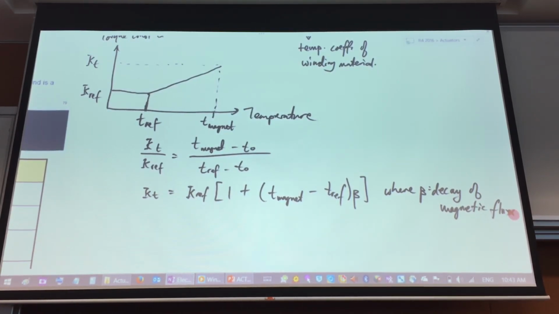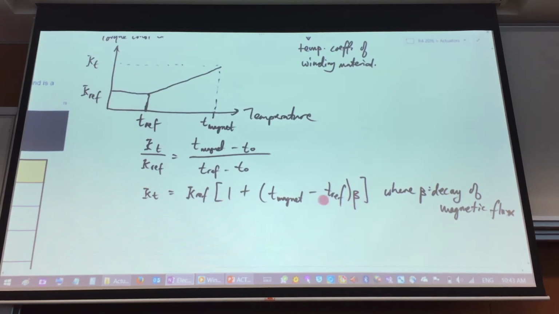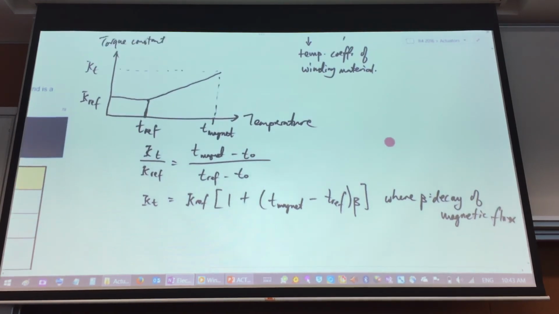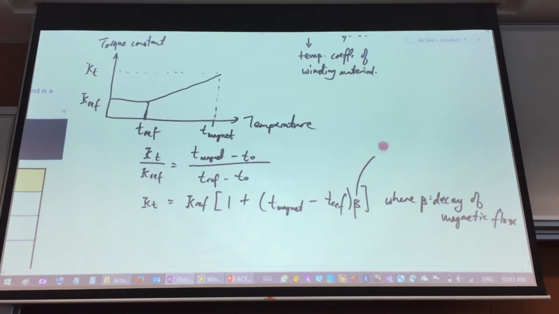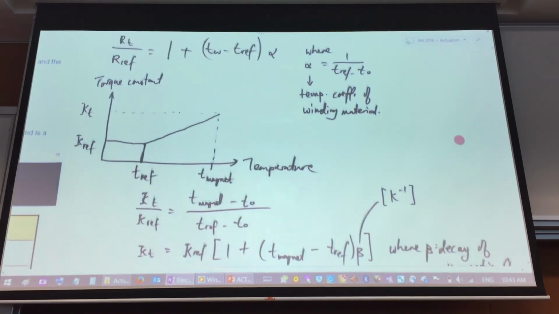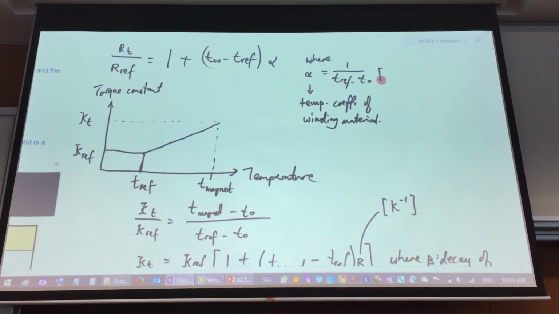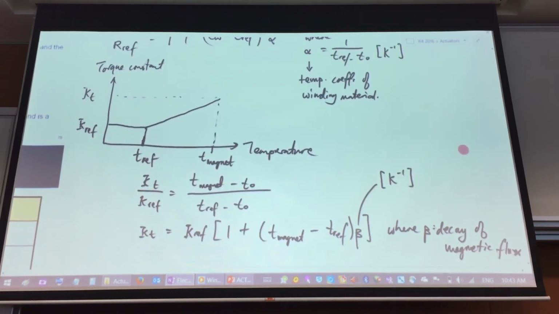So what that means is that as you were to have more decay of your magnetic flux that's governed by beta, that will respectively affect your torque constant. The units for alpha and beta is Kelvin to the power minus 1. So the units for this, Kelvin to the power minus 1 for alpha and beta.